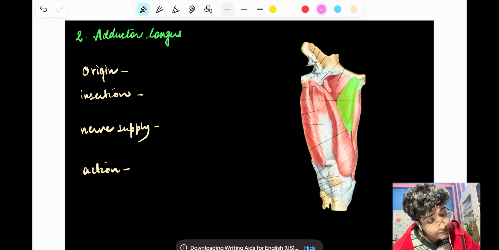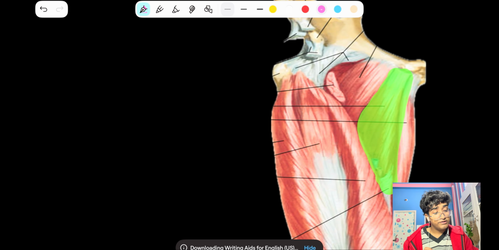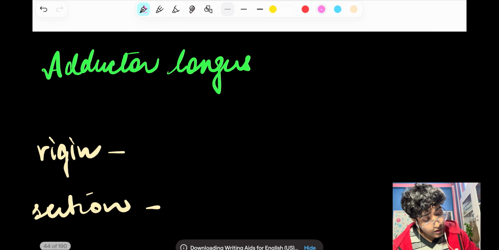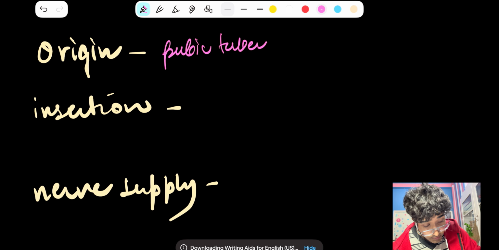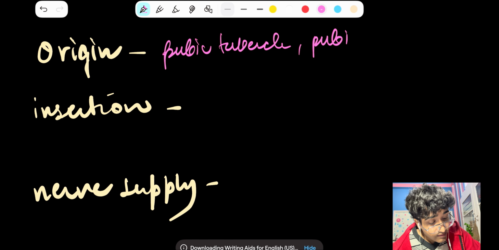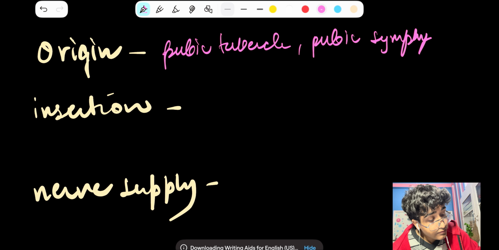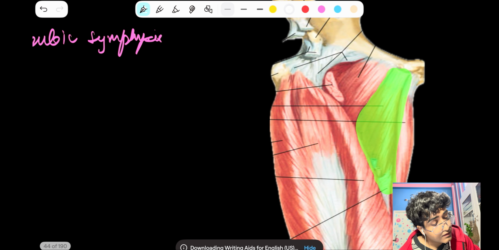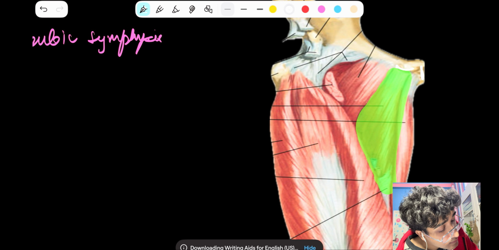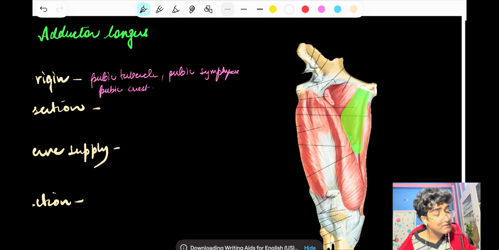Coming to its origin, its origin is from the pubic tubercle, the pubic symphysis, and you can also say the pubic crest. You know what the pubic crest is: this area is the pubic tubercle, this is your pubic symphysis, and this area is the pubic crest.